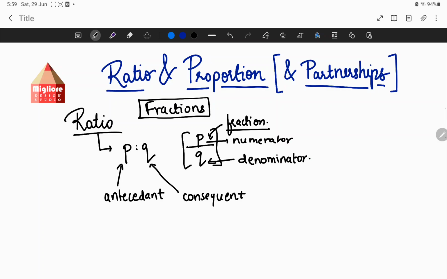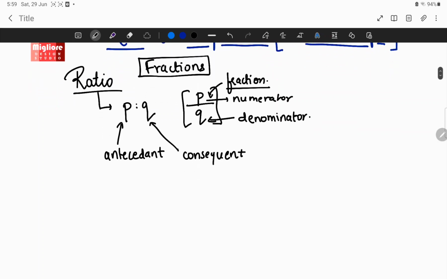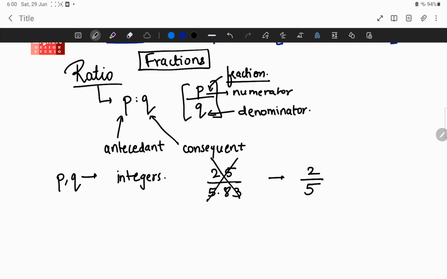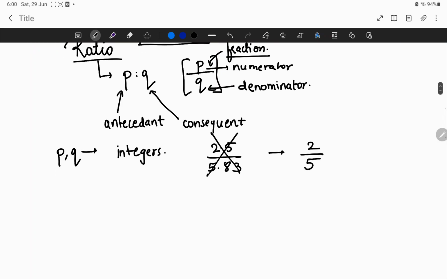Once these concepts are clear, we also need to know that P and Q have to be integers. They cannot be decimals, because you will never see a fraction like 2.5 upon 5.83. This is simply wrong. This is not how you depict fractions. The way to do it is 2 upon 5.